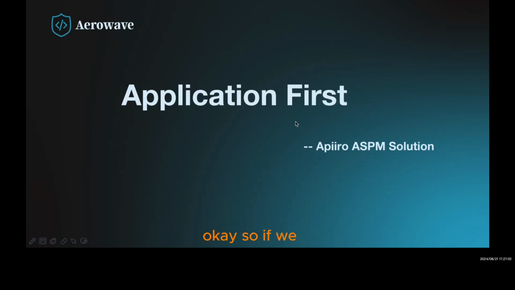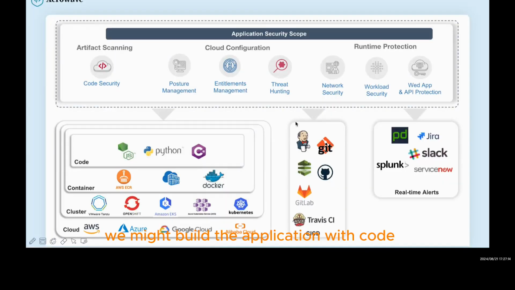If we look into application security and the application lifecycle, how do we build an application? In the beginning, we might build the application with code, which can be Python, C++, Java, or something else. Then after the code, we need to figure out some infrastructure to deploy the application. It could be cloud infrastructure, or an on-prem data center.